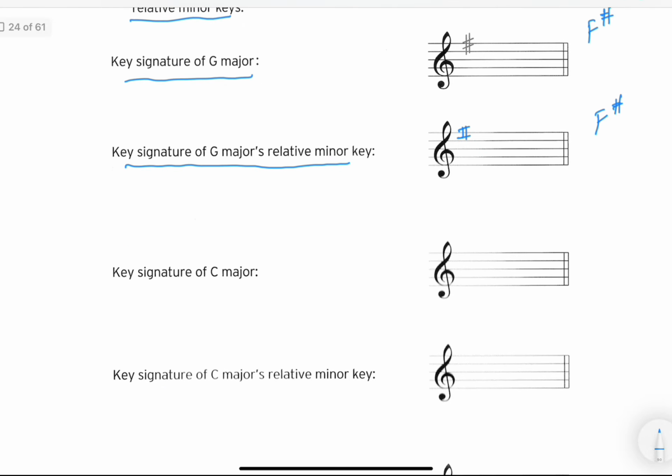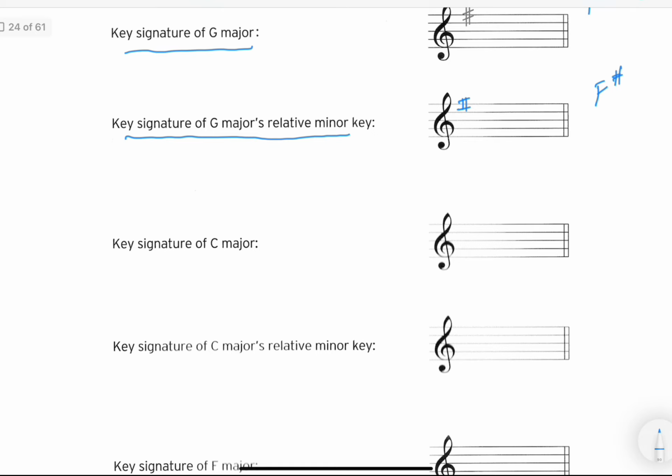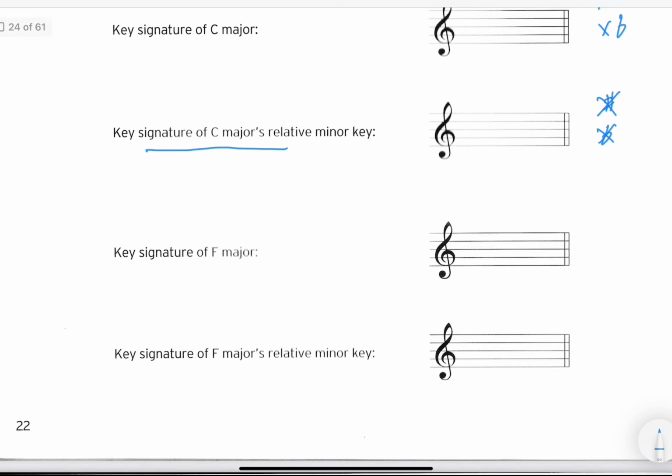Okay. Now in the key signature of C major, we know there is no sharp and no flat. In the same way, the relative minor of C major will have no sharp and no flat. If we move to the next, F major, we know we have B flat.